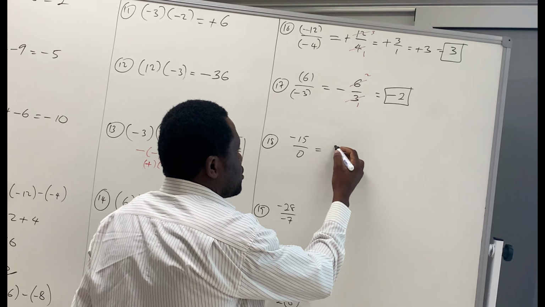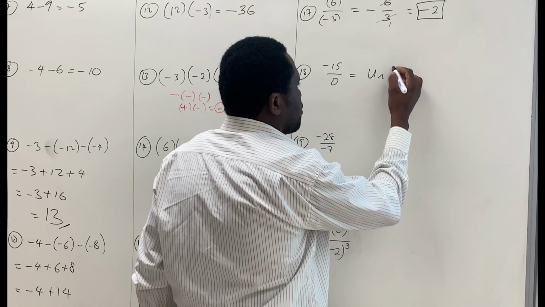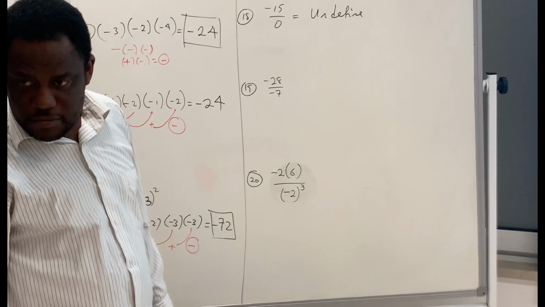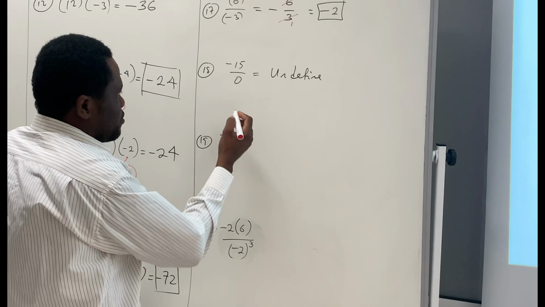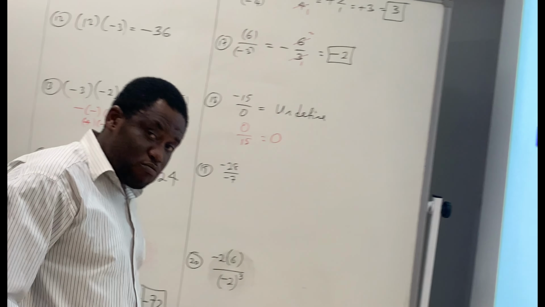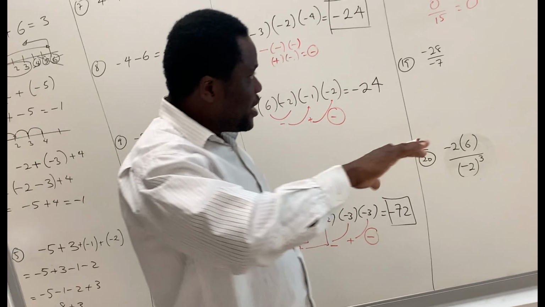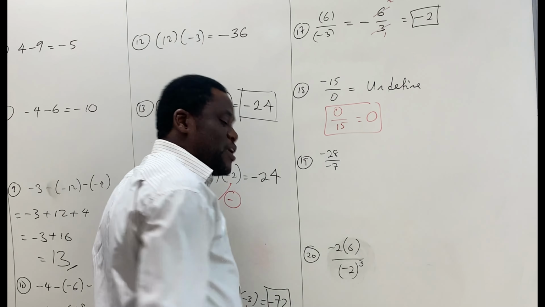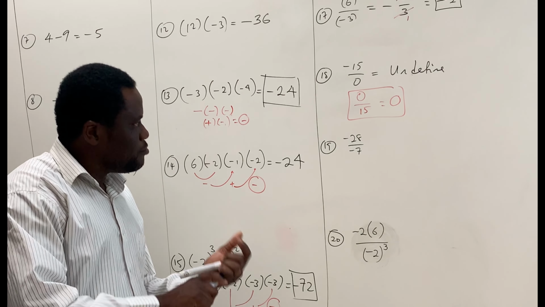This is undefined. But if it's the other way around, let's say we have this one. 0 divided by 15. This one is what? 0. It's not the same the other way around. Okay? So for this case, this is okay. But for this case, it's undefined.